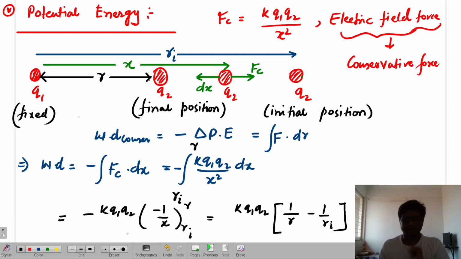So now look over here. Can I just move ahead directly? So you can see that clearly. I got the idea that our simple work done is k q1 q2 times 1 by r minus 1 by r initial when I bring the 2 point charges nearer to each other. ठीक है?